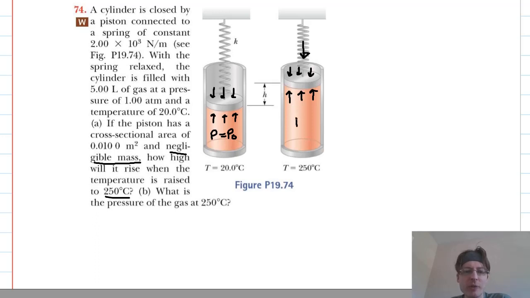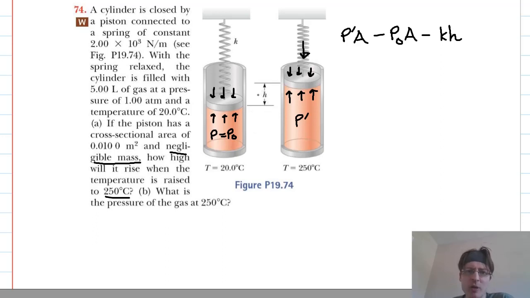In this case, I'll call it P prime, the new pressure that it reaches. So I'll have P prime times the area minus the atmospheric pressure force, P0 times area, and then minus the downward force of the spring, that'll be minus K times H.